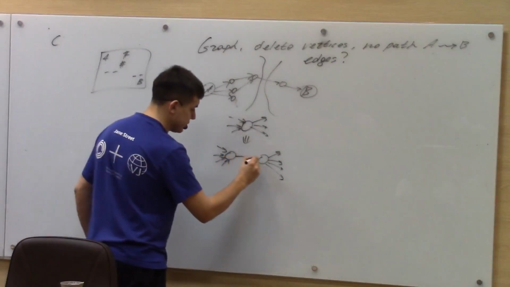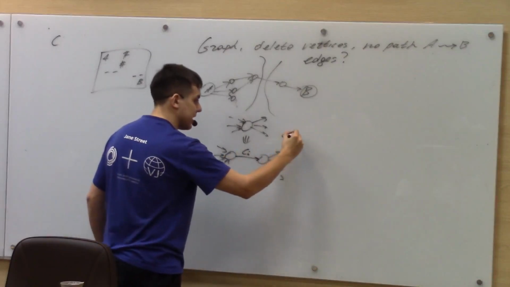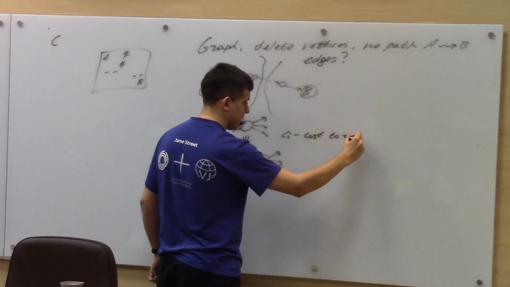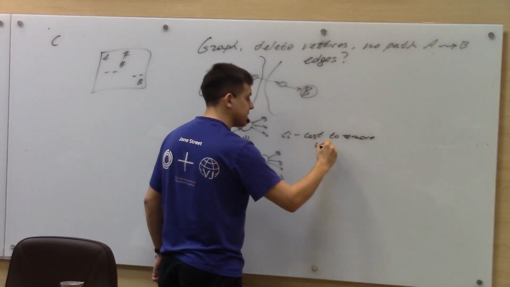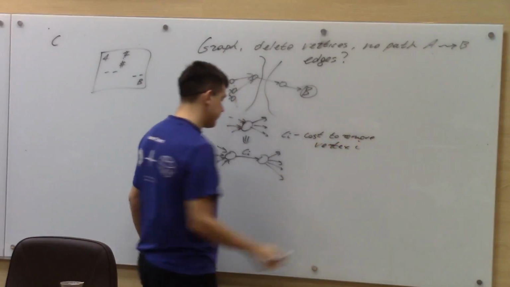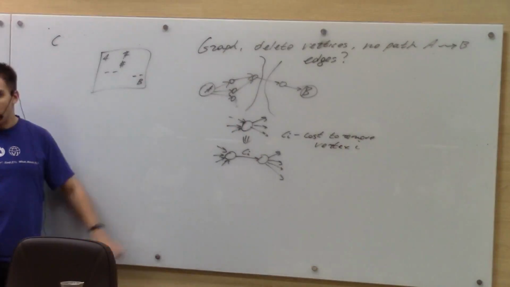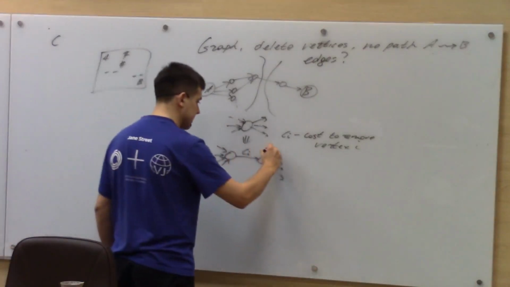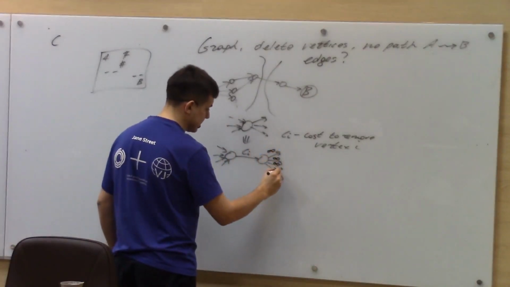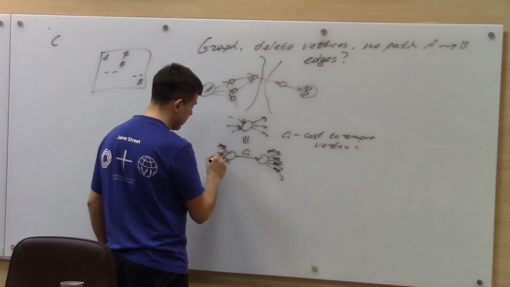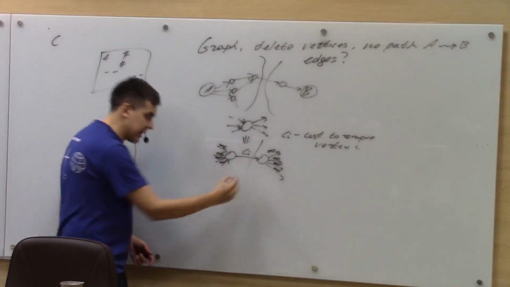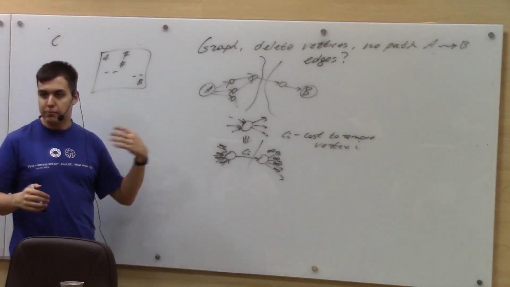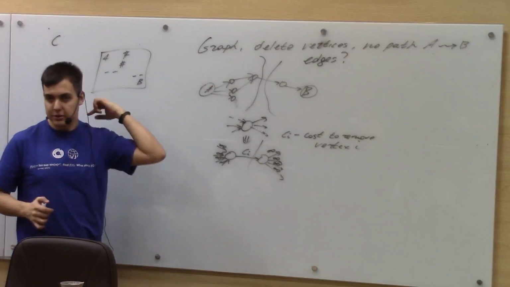And then we add an edge with Ci, where Ci is the cost to remove this vertex. And all of these edges should be infinite, right? So we cannot remove edges now, but what we can do is remove vertices. And removing vertices corresponds to basically cutting this edge. So we need to cut some vertices into two parts, such that there is no path from A to B.